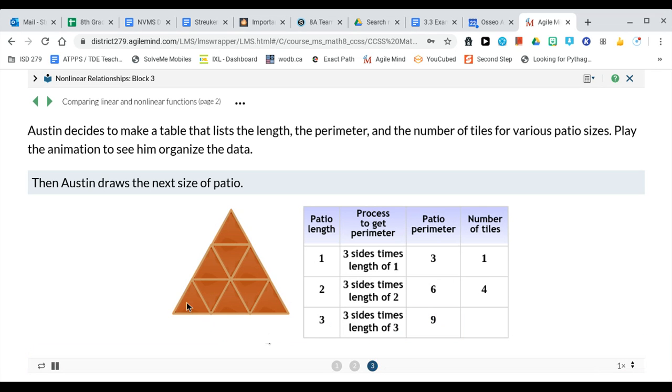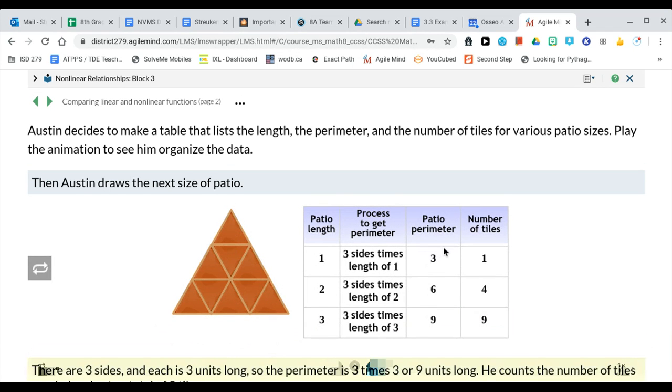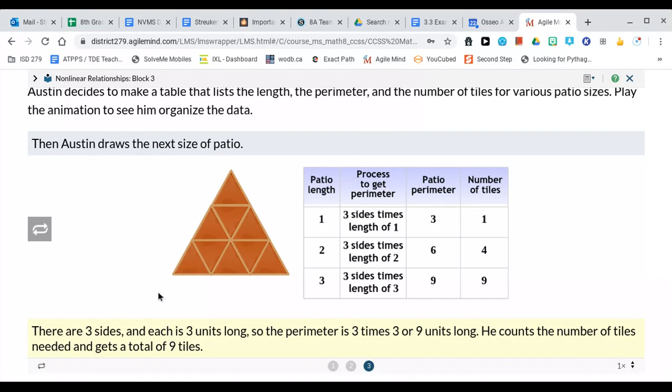And the number of tiles, if we count, become 1, 2, 3, 4, 5, 6, 7, 8, 9 tiles. So there are 3 sides, and each is 3 units long. So the perimeter is 3 times 3, or 9 units long. He counts the number of tiles total needed and gets 9 tiles.